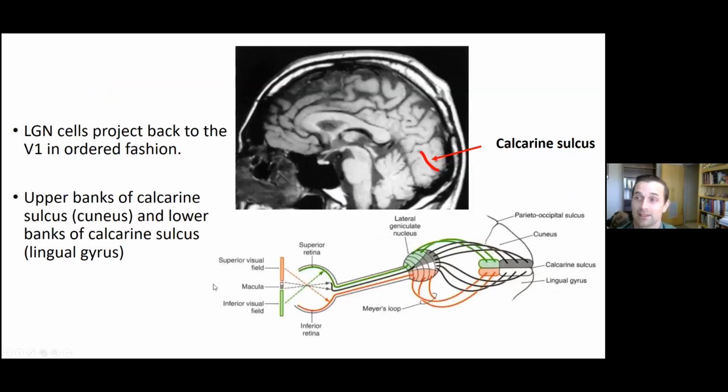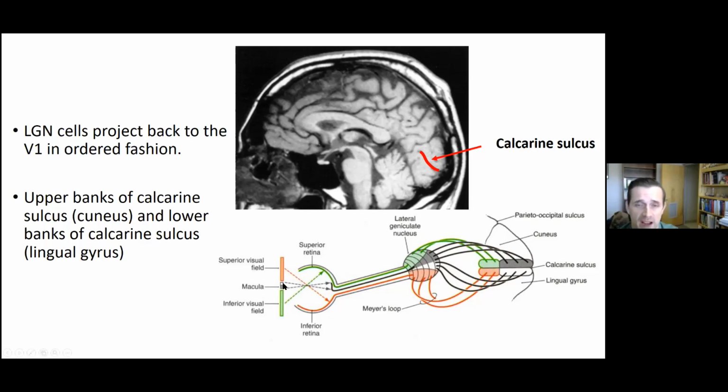Now, the lateral geniculate nucleus cells will then project back to V1, or primary visual cortex, also known as the striate cortex, in an ordered fashion. And so we've already kind of summarized the pathway of these fibers in the introduction.